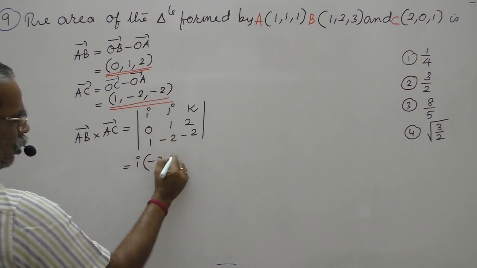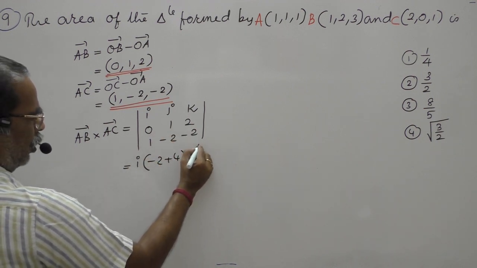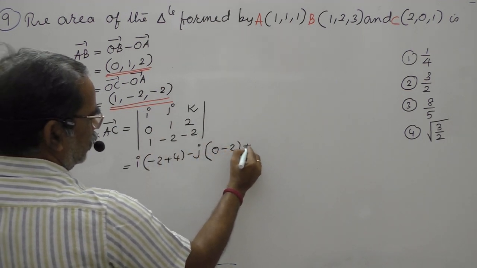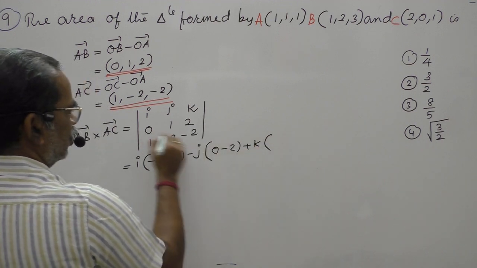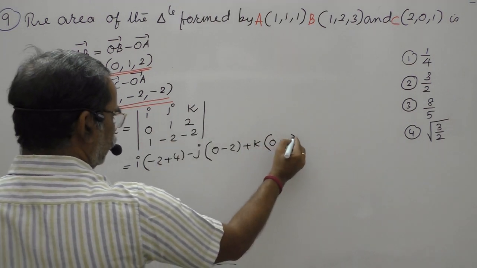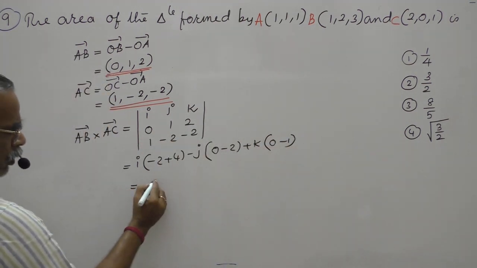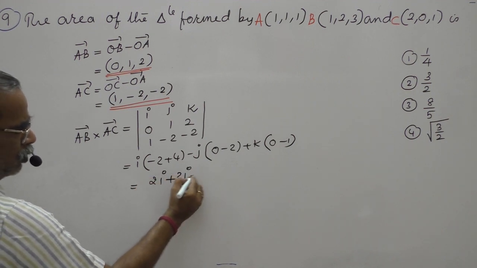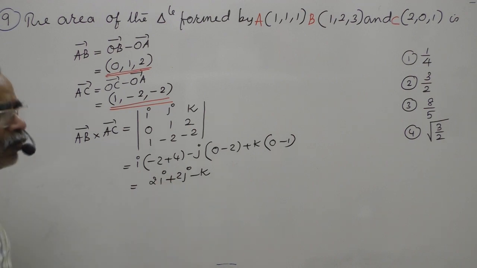Minus 2 minus into minus, plus 4. Minus j, 0 minus 2. Next plus k into 0 minus 1. Therefore, this is 2i plus 2j minus k.